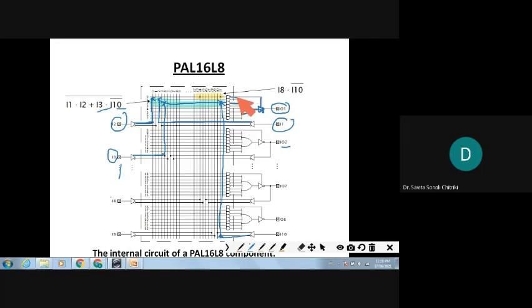And now the output is also controlled by what else? I8 and I10. I8 line, check this. From where is it coming? I8 line. I8 and again the same thing, I10 bar. The same line is projected here. I10 bar. This is the output, right?